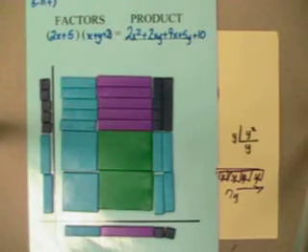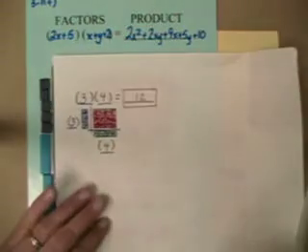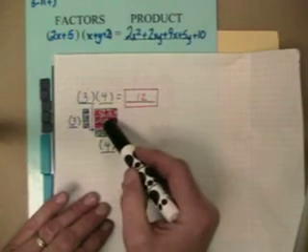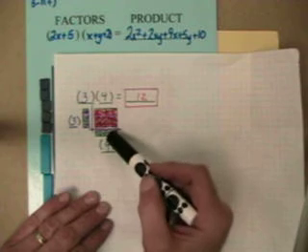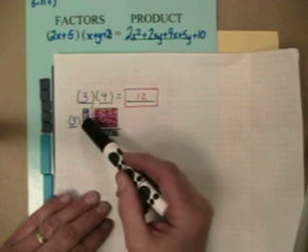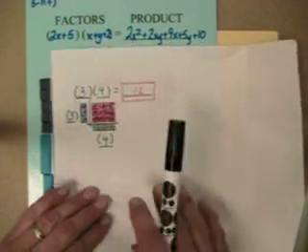Just like 3 times 4 equals 12 in our original little drawing, those are my factors, 3 times 4 equals 12. And so I could arrange these 12 tiles into a rectangle and I can find the 4 and the 3. Or I can start with the 3 and the 4 and find the 12.